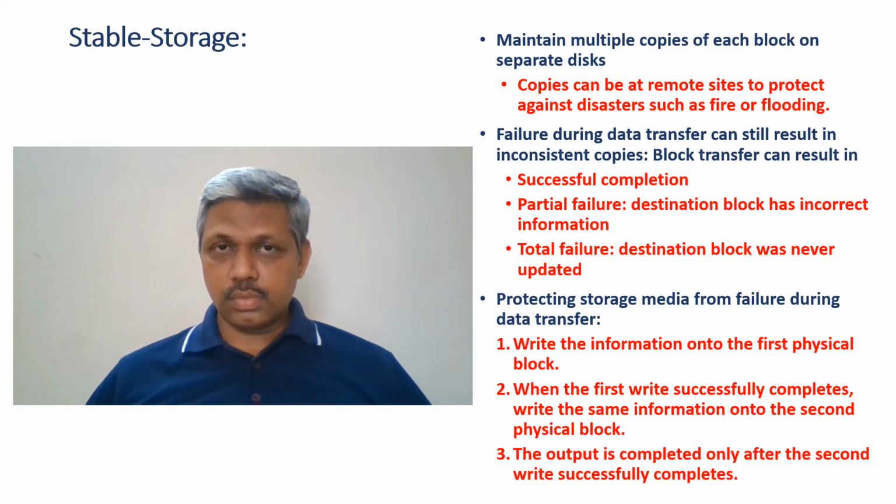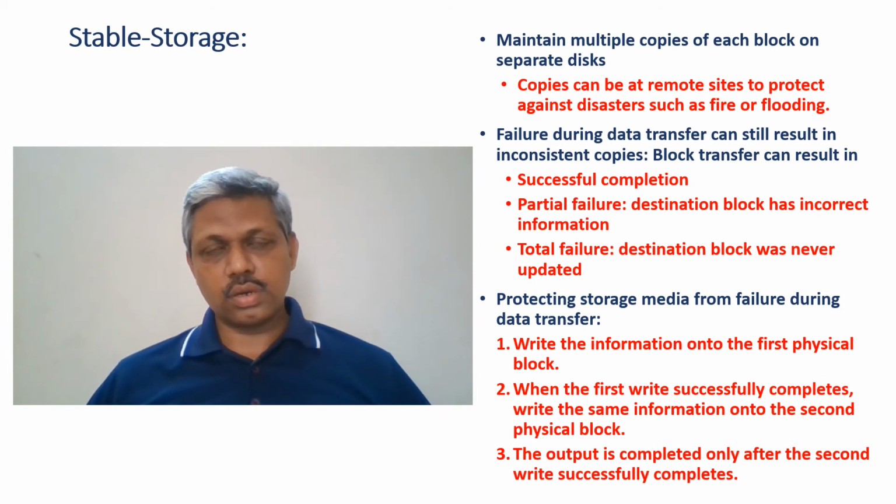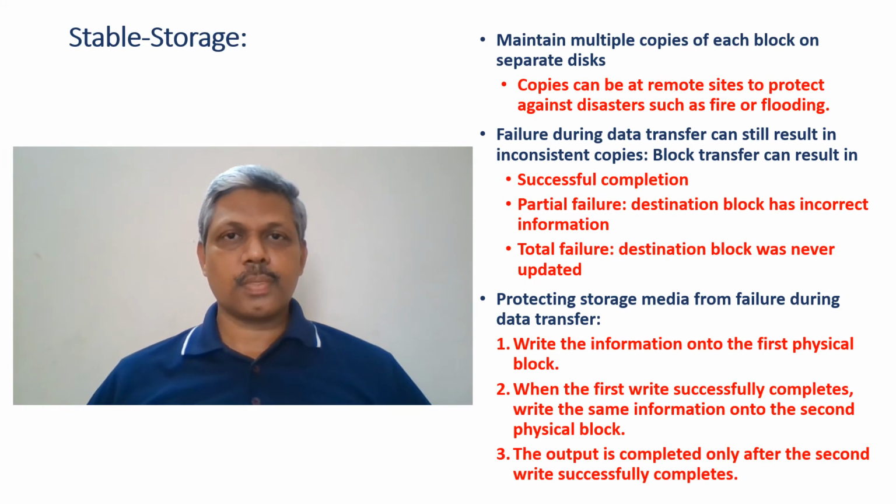This failure may occur while transferring the data content in the form of blocks from main memory to the stable storage. And how do I protect the media from the failure during these transfers? First we transfer the blocks onto the physical storage or the stable storage block by block. Once we write one copy of the block, then we start duplicating it onto another disk.